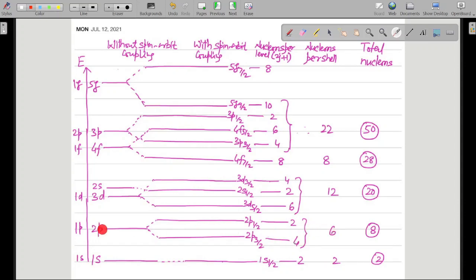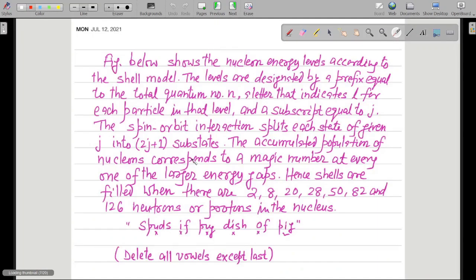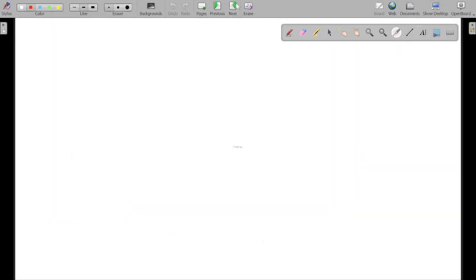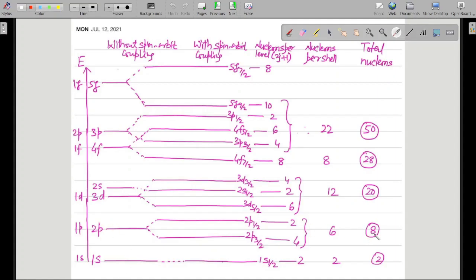Now after p what should we write? After p we should write d, as shown in this trick. So first s, then p, after p we should write d. The second shell is complete because we have encountered the magic number. So we will write 3d because we are talking about the third shell. The 3d will again split into 2.